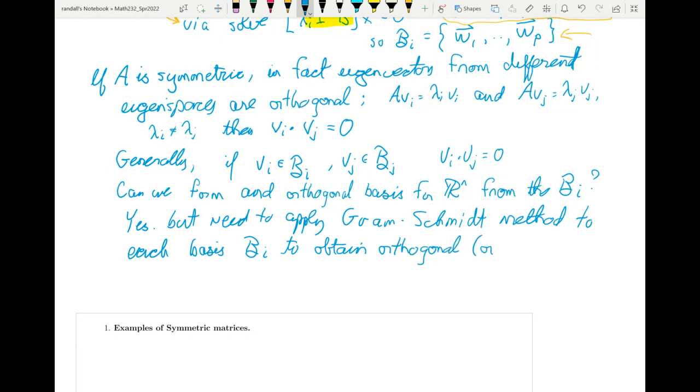If you normalize them, they'll be orthonormal. So we obtain orthogonal or orthonormal bases for each eigenspace.